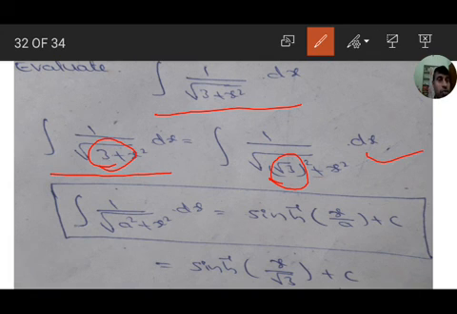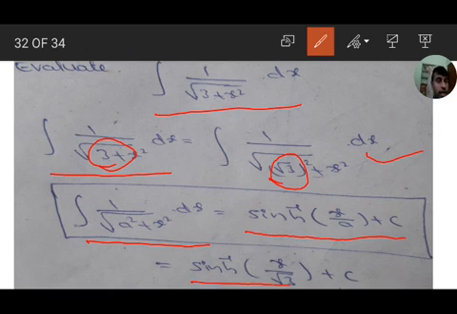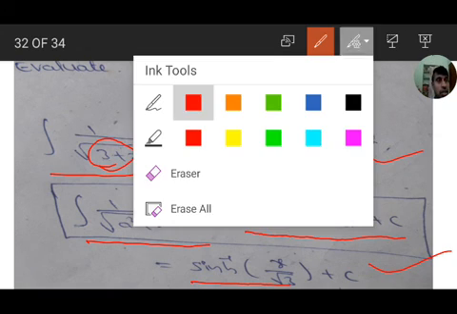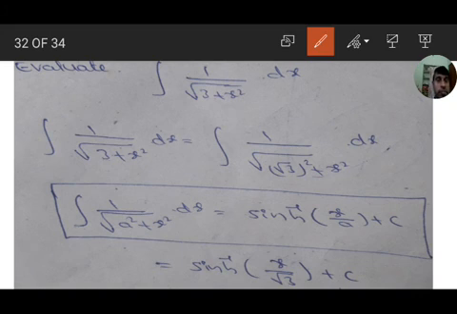So it is of the form 1 by square root of a square plus x square dx, with a equal to root 3. The formula: integration 1 by square root of a square plus x square dx equal to sinh inverse x by a plus c. Here a means root 3, so sinh inverse x by root 3 plus c. It is the answer.